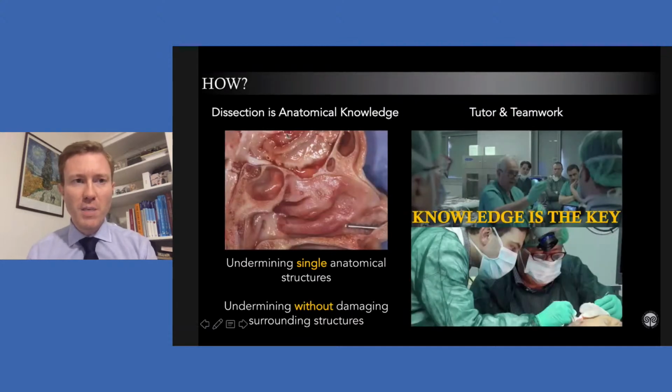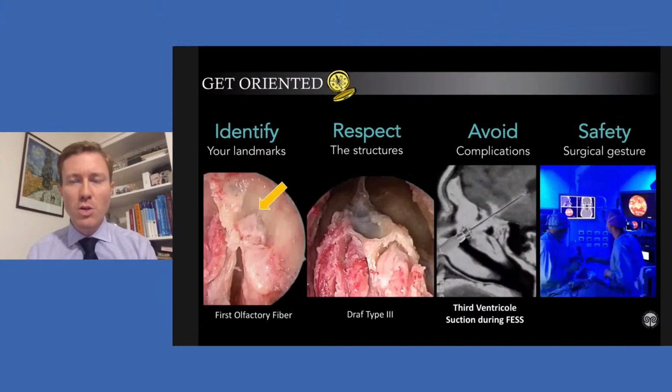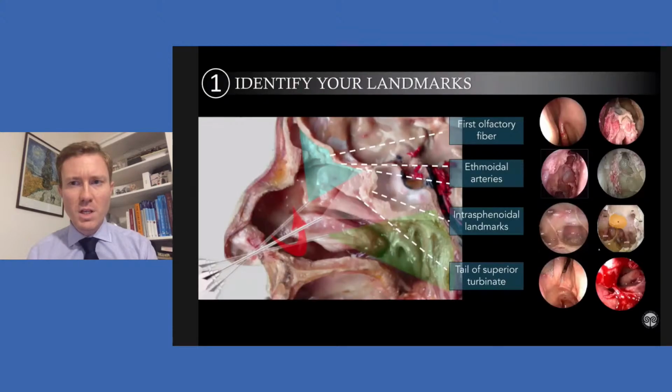So the key point is anatomy and step-by-step anatomical dissection. In order to learn something, the first thing to learn is to identify landmarks. Second, respect the anatomical structures you are encountering, avoid complications, and be safe in your movements.